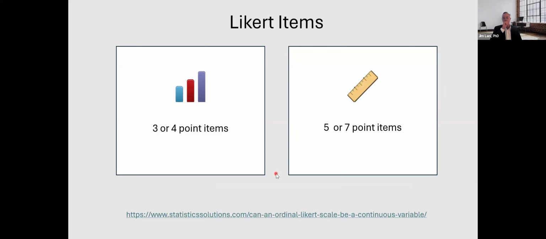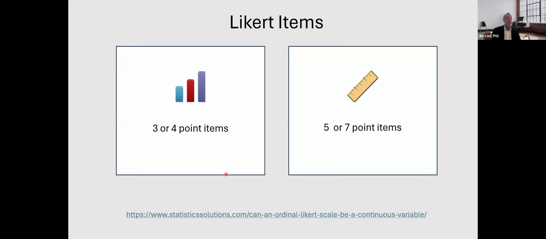Another sticking point, and I get this a lot. If I have one item, several items, it's a Likert type, strongly disagree, disagree, agree, strongly agree, 4-point item. Is that a scale or an ordinal level variable?